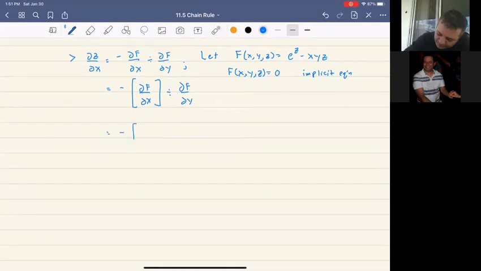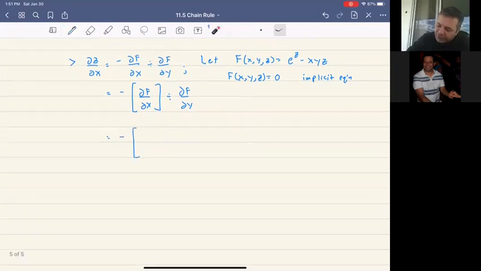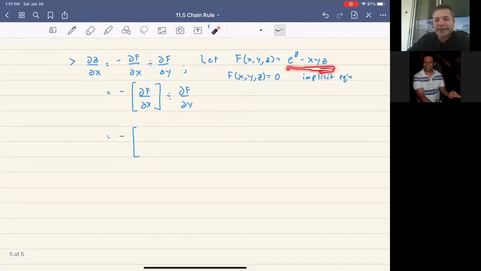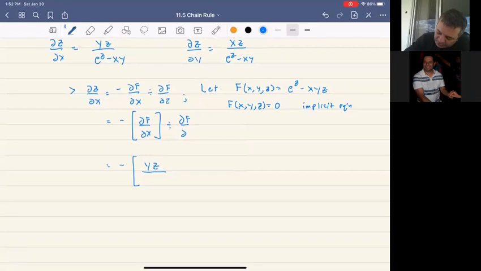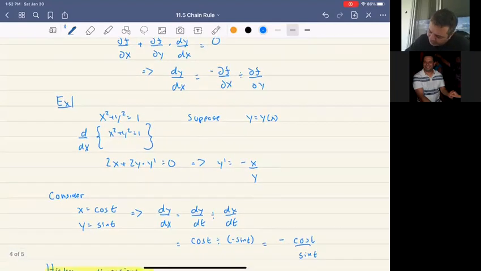So that's going to be negative partial of this f with respect to x. What's that going to be? Yz. Divided by partial of this f with respect to, why did I put y? That should have been z. Did I write that right? Yes, there.